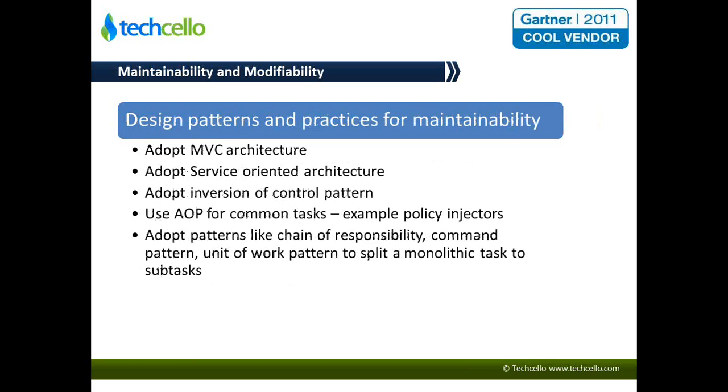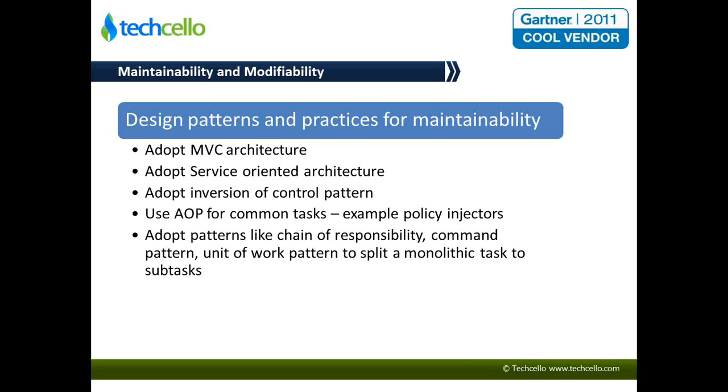Adopt MVC architecture. Architectures like MVC help a great deal in separation of concerns. Adopt service-oriented architecture. Service-oriented architecture inherently brings reusability within an enterprise. You don't have to reinvent logic in a lot of different places. Hence, adopt SOA-based architecture.